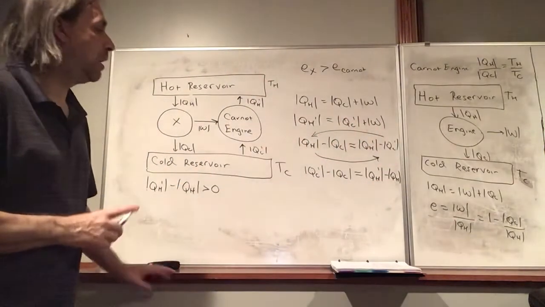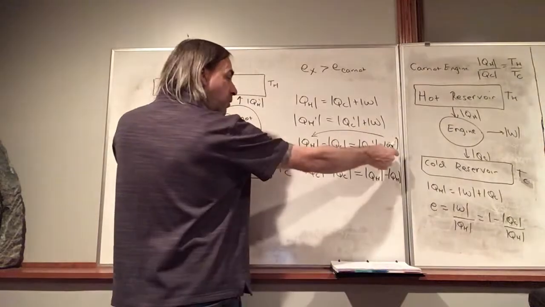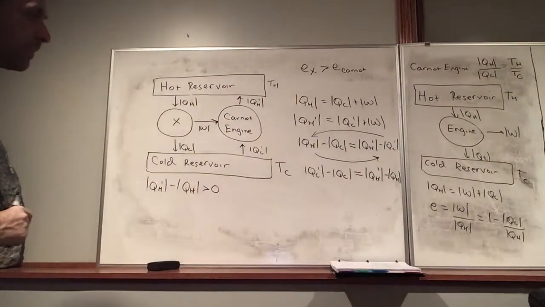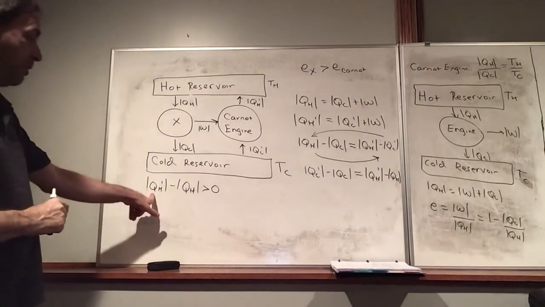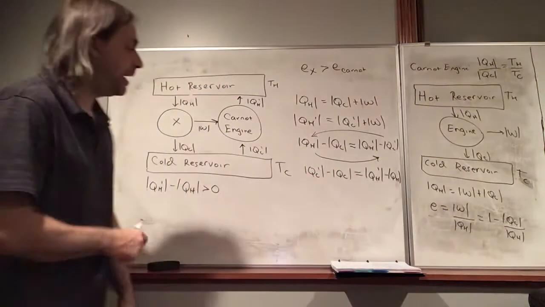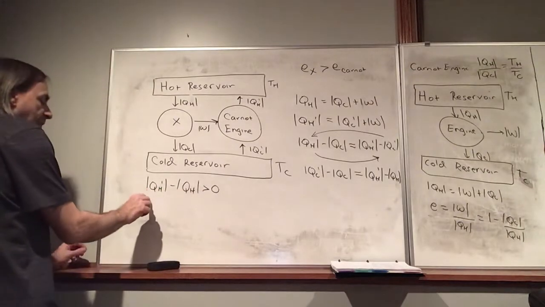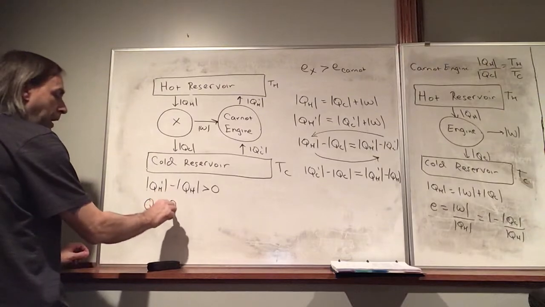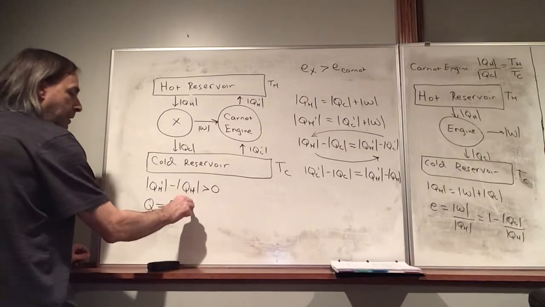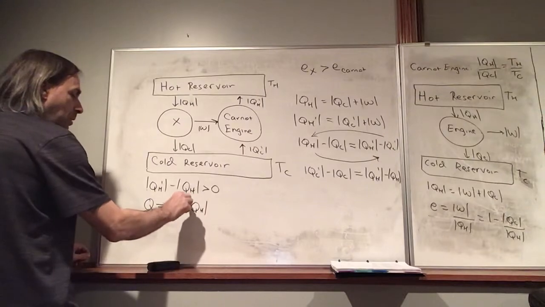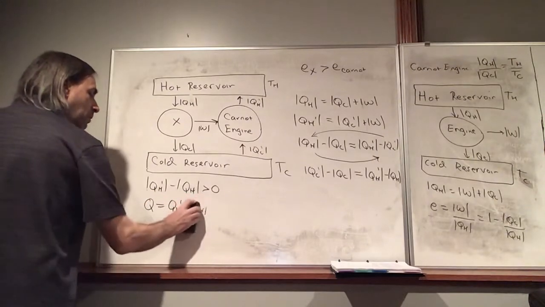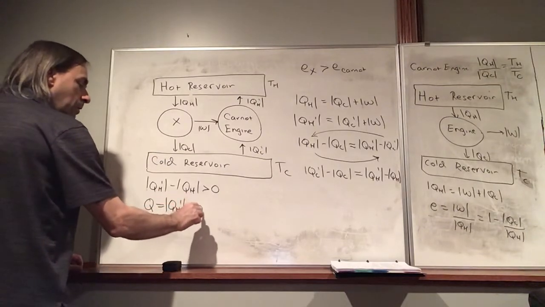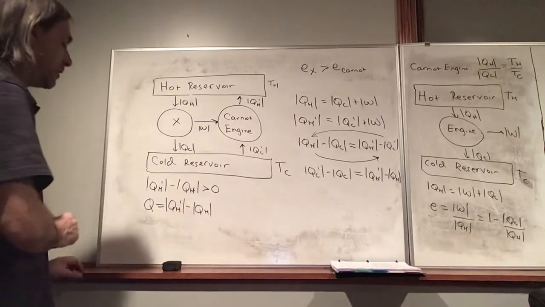Okay, so let me just double check the algebra really quickly. Yeah, that looks good. So this here, QH prime minus QH, that's what we have. So what I'm going to do is define Q to be equal to QH prime minus QH. It's a pain writing all these absolute value signs, but they are important since we have this convention.